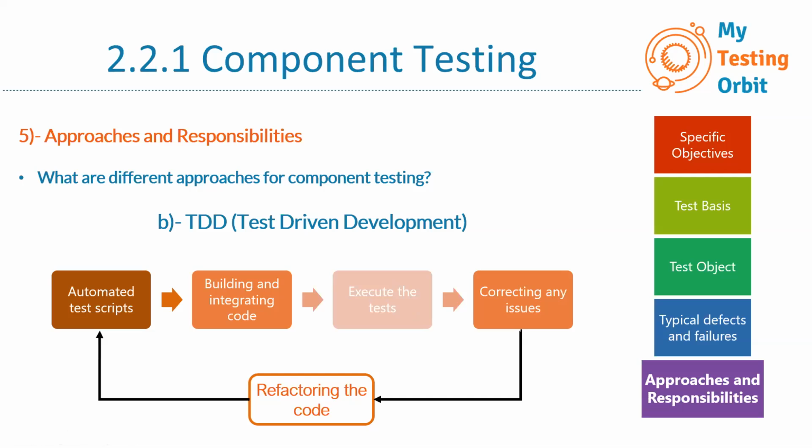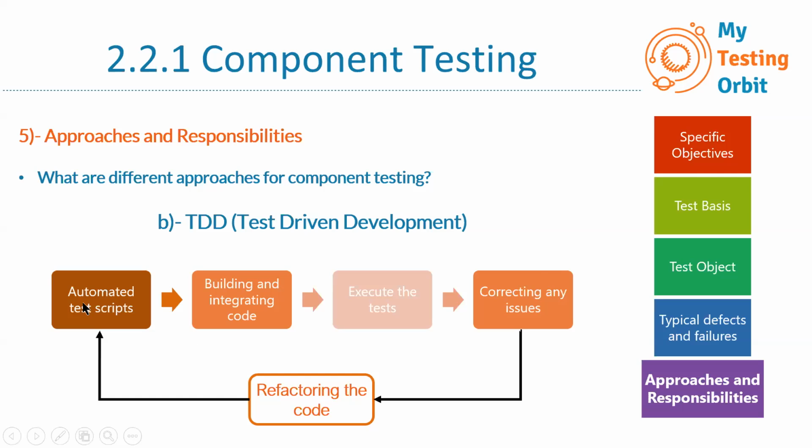For this syllabus, we don't need to go into much detail of what extreme programming is and what the other forms of agile are. This is covered more in the ISTQB Foundation Level Agile Tester syllabus, where it is discussed in detail. Over here, you should just be familiar with what test-driven development is and the order in which we execute all the steps.